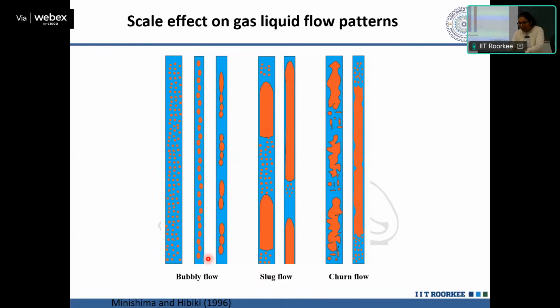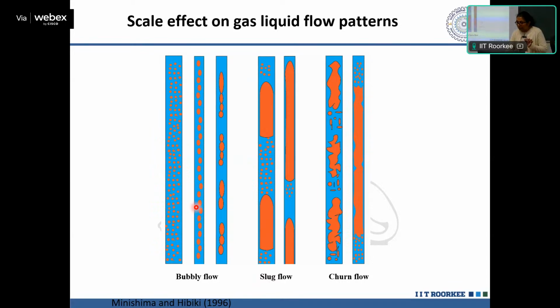In bubbly flow you can see finely dispersed bubbles, uniformly present throughout the tube. While when you are narrowing down the flow path, they are closer to the axis.